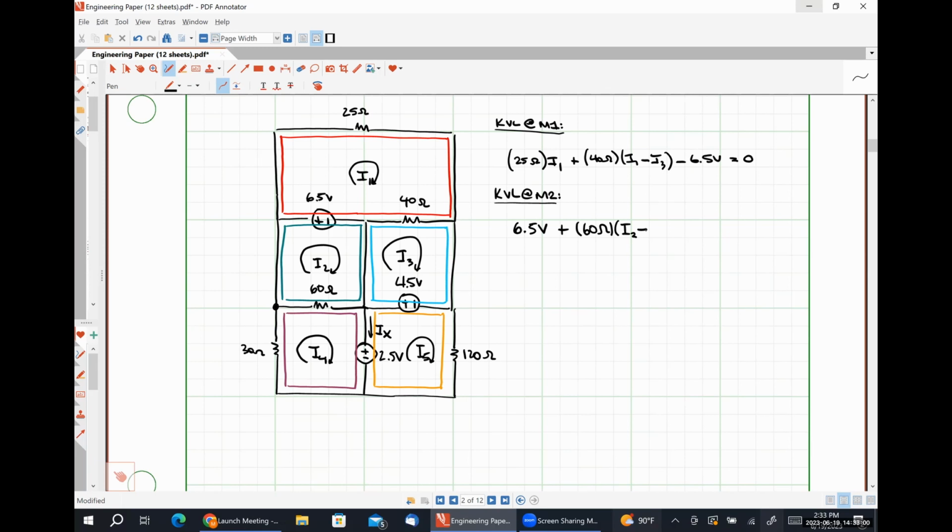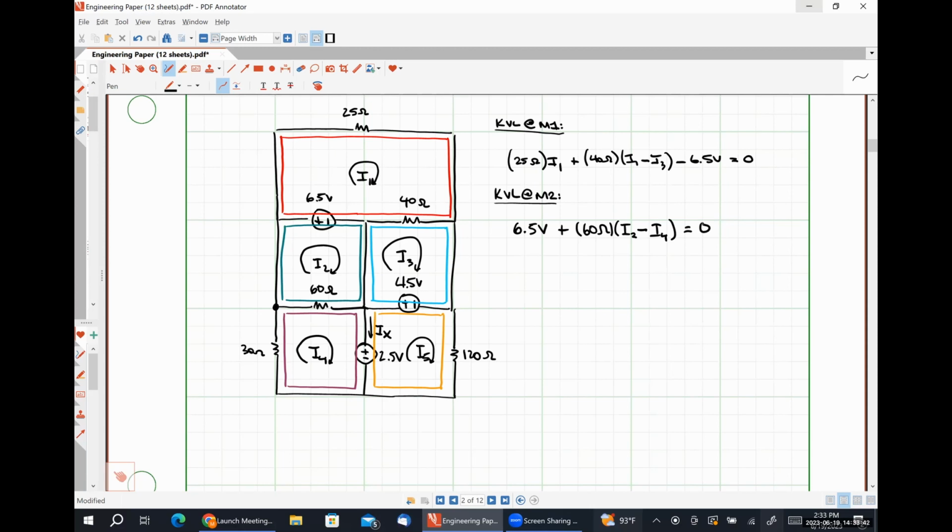The internet connection here in my office on campus sometimes is spotty, so I apologize. What I was saying is that the 60 ohm resistor is between meshes 2 and 4. We are going to see that I2 and I4 will flow through that 60 ohm resistor. Since I4 flows in the opposite direction of I2, we're going to have minus I4 here.